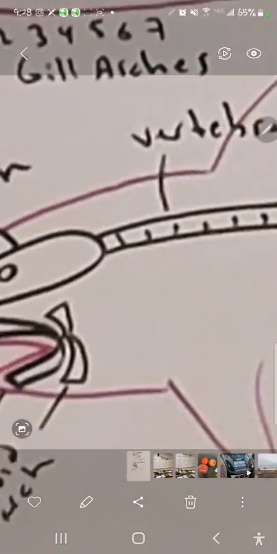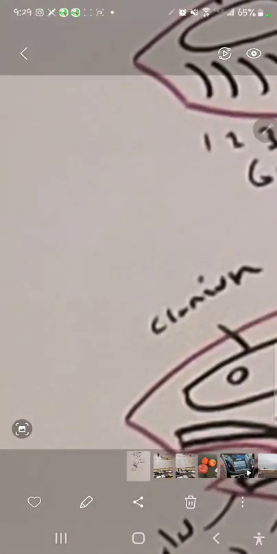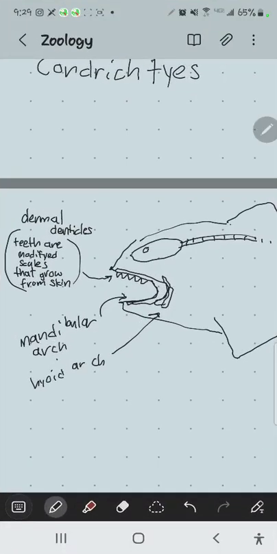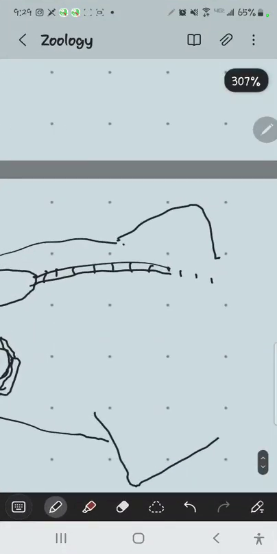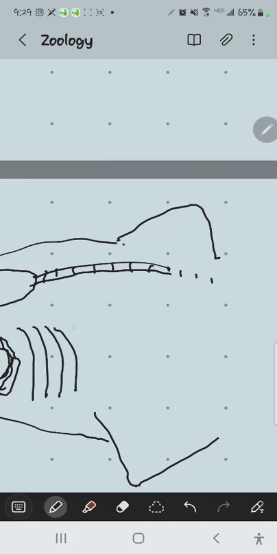Okay, and then there are, count them, 1, 2, 3, 4, 5 gill arches behind there. So this basically represents gill arch number 3 through 7.